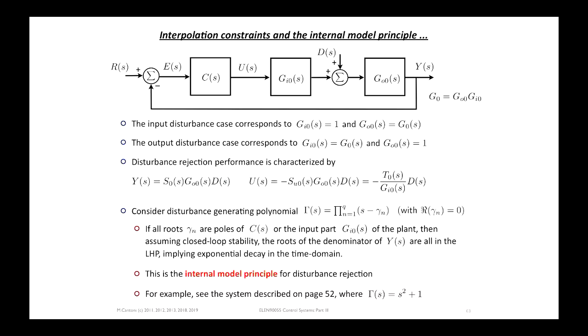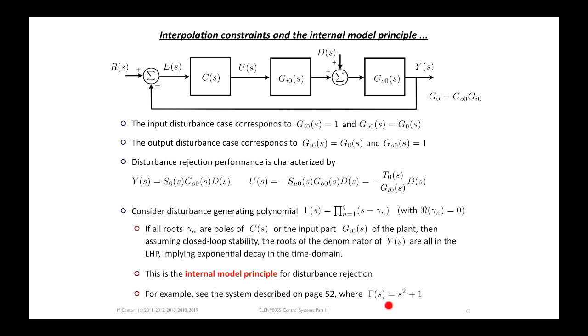So again, basically the way to apply the internal model principle is to put the roots of the generating polynomial as poles in the controller. Then you don't have to rely on them being in the plant robustly, or worrying about whether or not they're in the input part or the output part of the plant model.